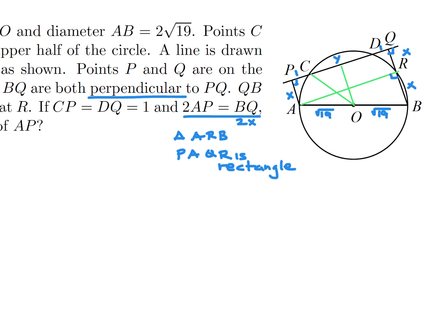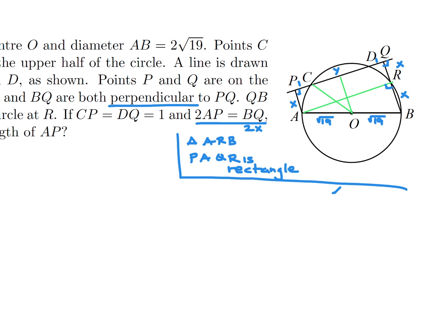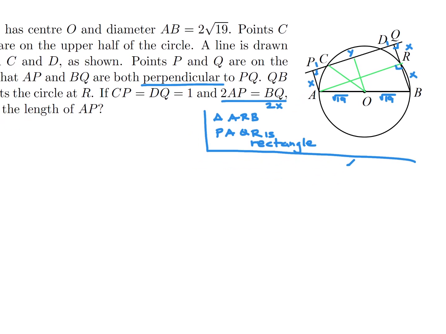So let's proceed with the question here. Okay, so let me shrink that back down. All right, so what's the next step here? Well, I think a lot of Pythagorean relationships here.